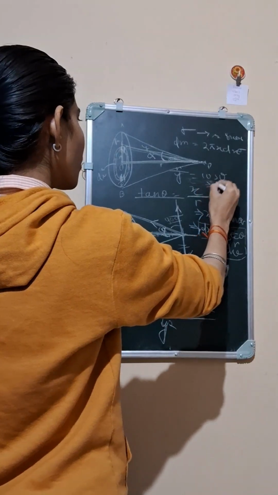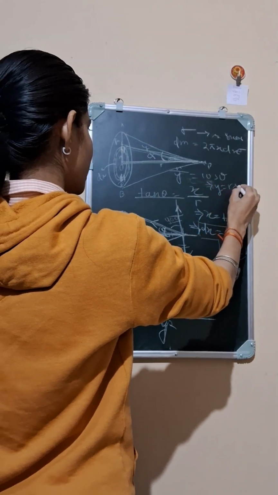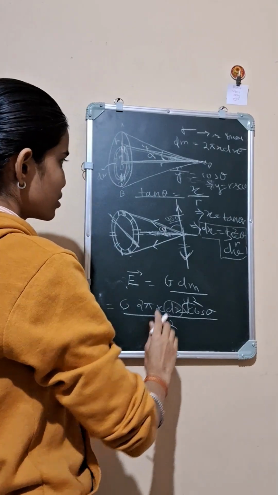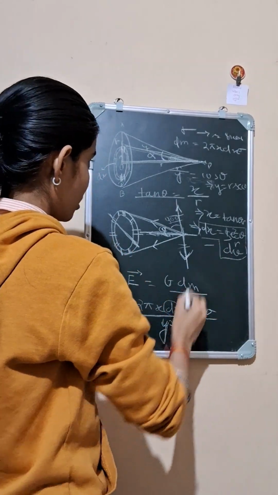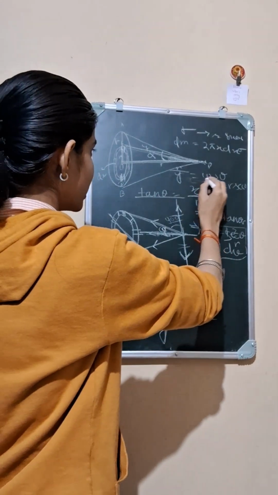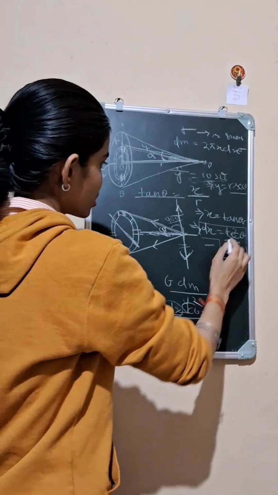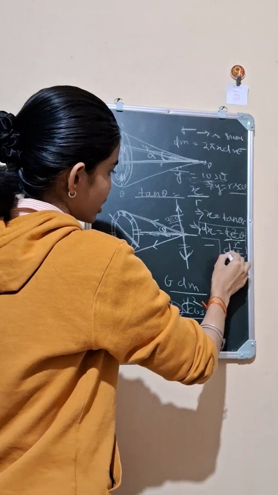So y will be equal to r sec theta. So I am going to replace y with r sec theta and dx with sec square theta r d theta.